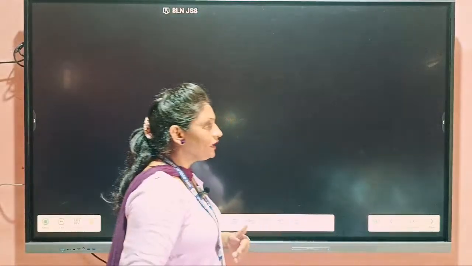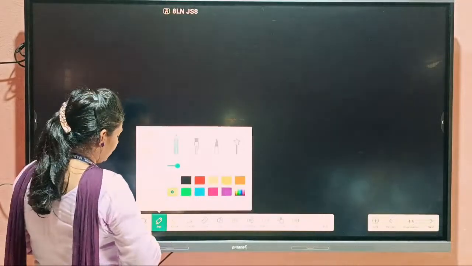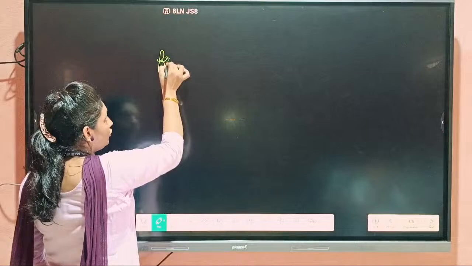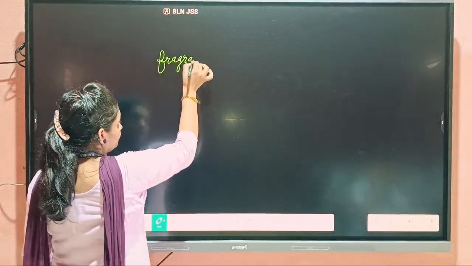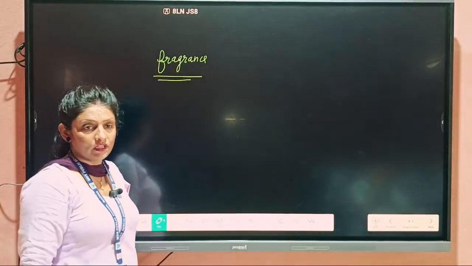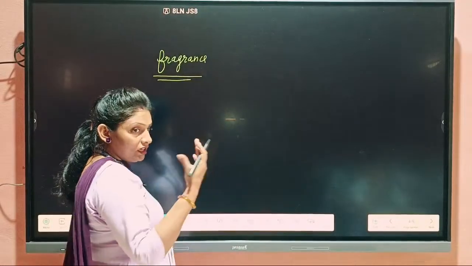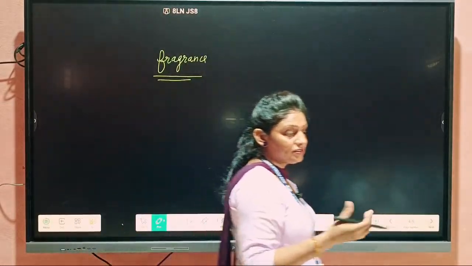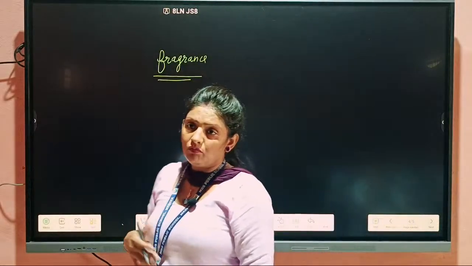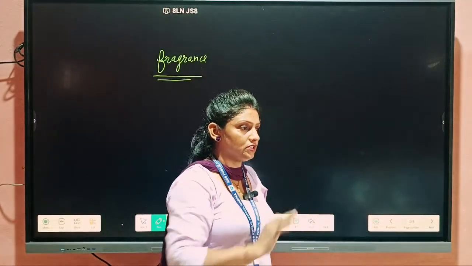So students, what is the importance of the aldehyde and ketone and carboxylic acid? Basically, they are used for fragrance. For example, if you see that some fruits, some vegetables have a sweet smell, any aldehyde, ketone or carboxylic acid may be present there.